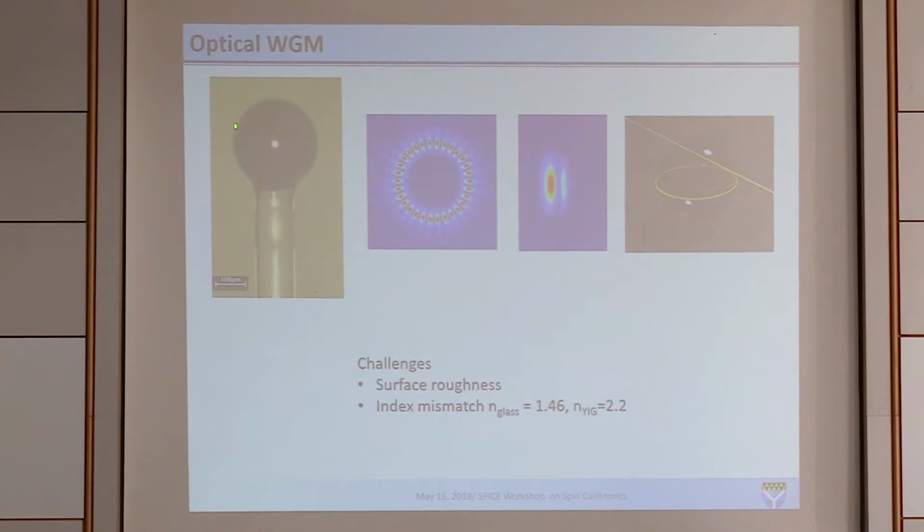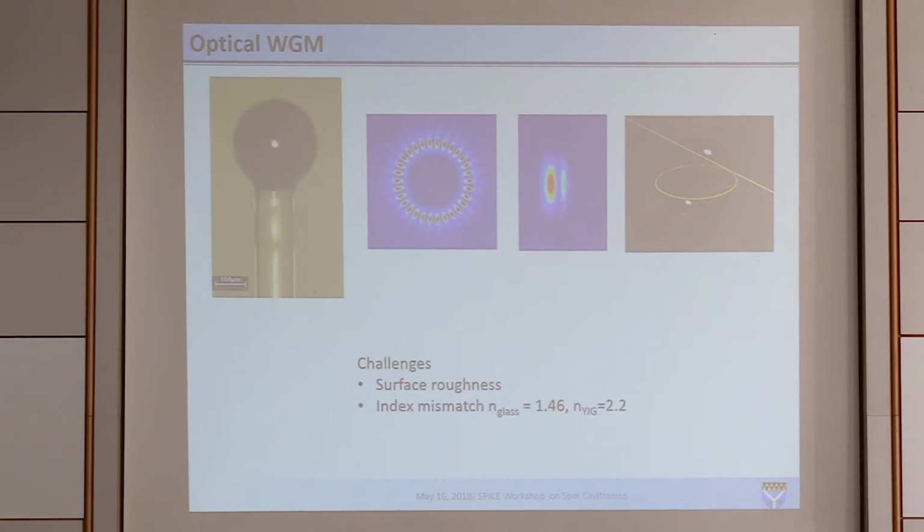So this is too big for light. It's a millimeter scale device, and light is on a micron scale. This is actually a bit of an exaggeration when looking at the optical mode. The optical mode number is always like thousands, very large. And the optical mode only occupies a very small portion of this sphere. So you have a huge mode mismatch.